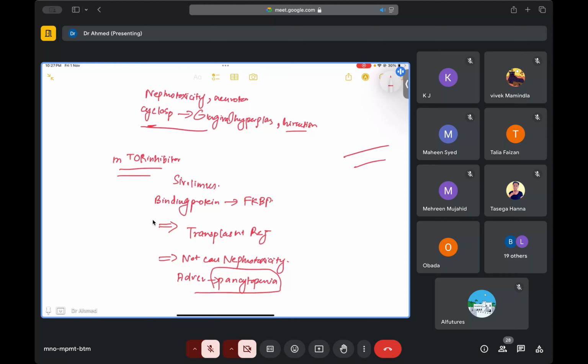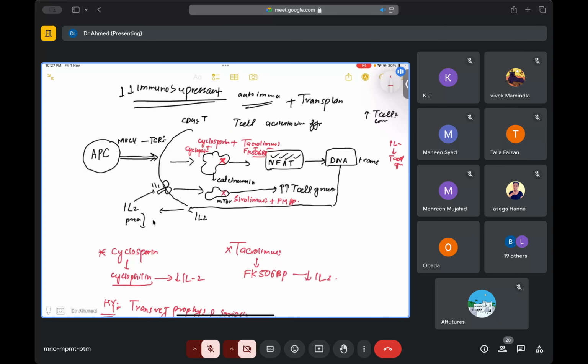Simple. Okay, so we have discussed the blockers of calcineurin and mTOR. What if we block the IL-2 receptor? We can also get the same effects, right? But you guys know, if I am blocking a receptor, then I need antibodies for that. Simply you can relate it with myasthenia gravis, because there the receptor was blocked by antibodies.